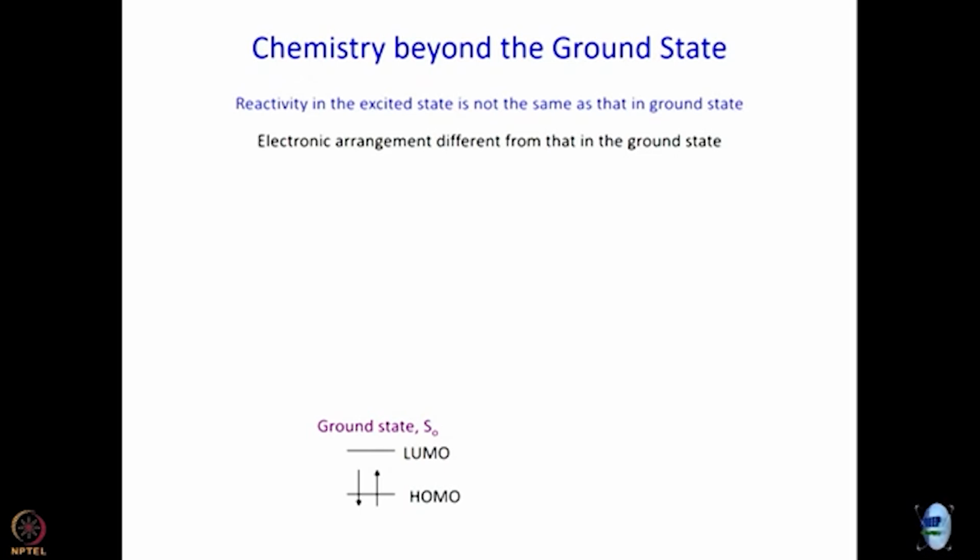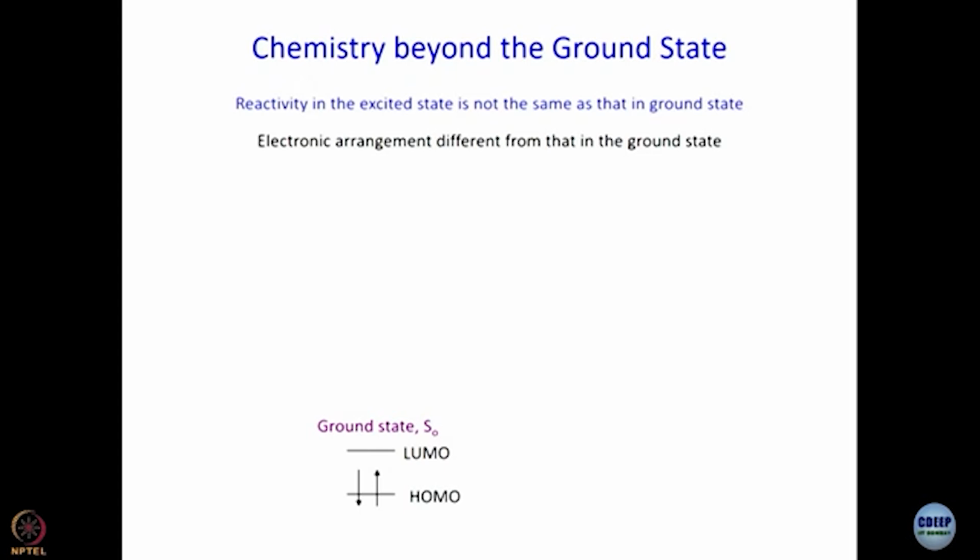We have a doubly occupied HOMO, highest occupied molecular orbital, and of course an empty lowest unoccupied molecular orbital. Now let us say we perform a HOMO to LUMO excitation, okay. So in this case, before the excitation, in the ground state, this ground state is called singlet ground state S0. What is the electron configuration?